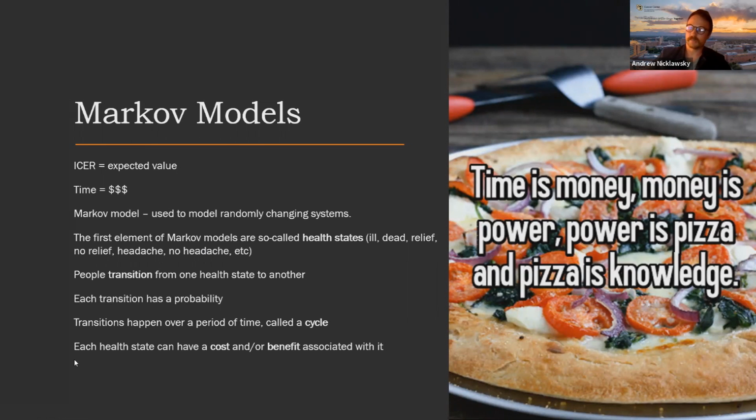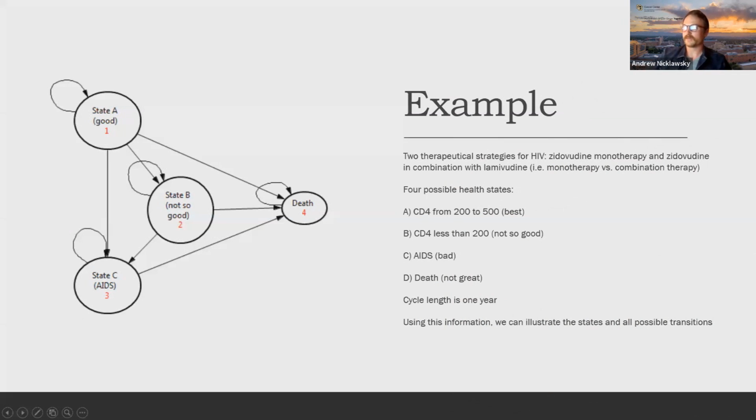And we assign a probability to these transitions, either using data from a clinical trial or observational study. And then we want to take into account the fact that these transitions happen over time, because time is money, and call this a cycle. So essentially what we get is each health state has a cost or benefit associated with it. And we can make a nice model like this.